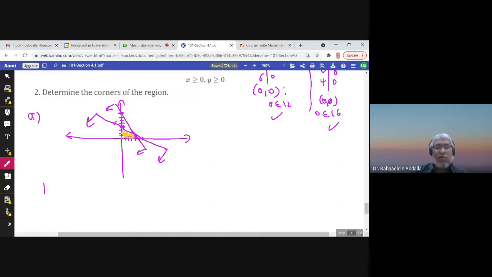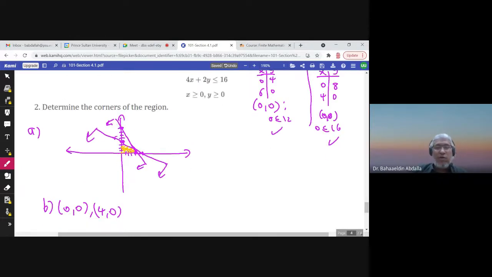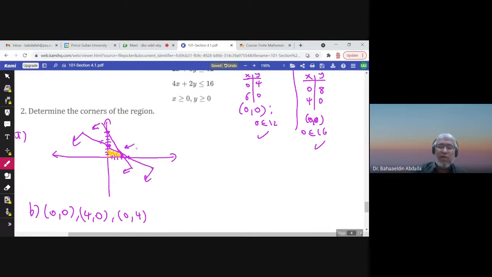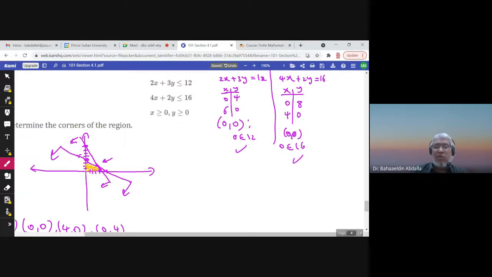Well, the corner points: 0, 0 is one of the corner points, this point 4, 0 is also one, and 0, 4 is one of the corner points. And this last point I need to find, so I'll have to solve these two equations together.